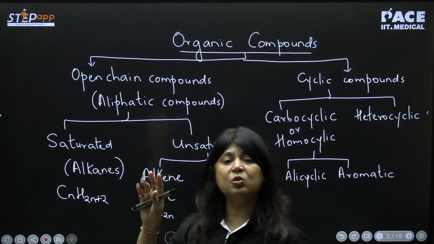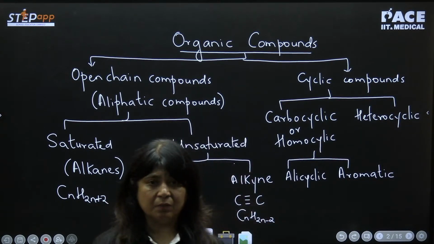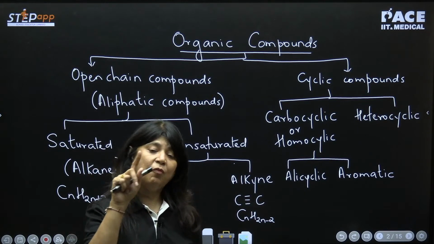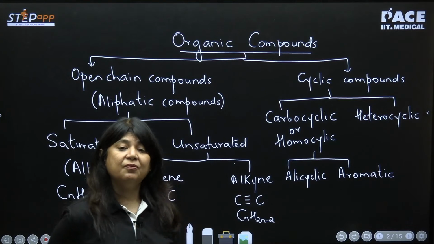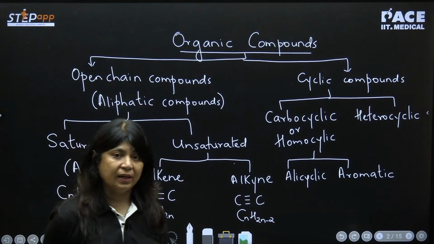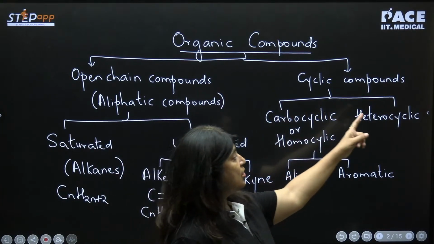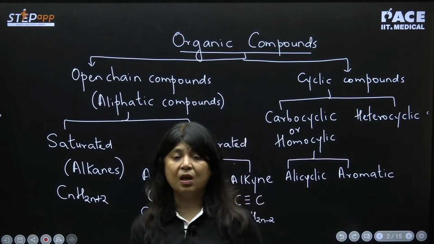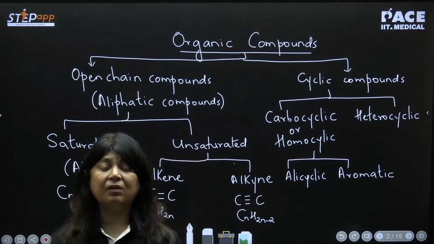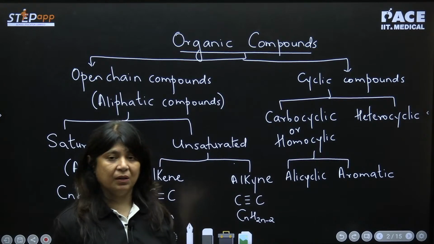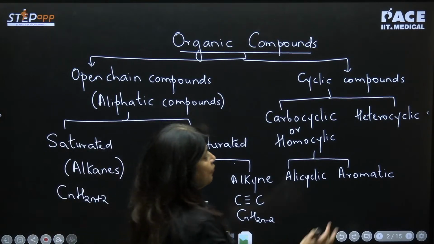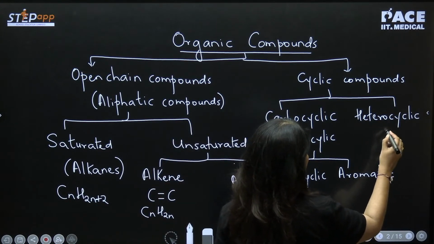In these compounds, you'll have a ring made up of only carbon atoms. The other classification is the heterocyclic compounds. Heterocyclic compounds would have a heteroatom, that means an atom other than carbon present inside the ring. Say for example, I take this compound.